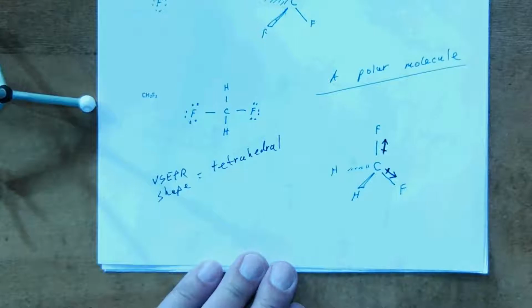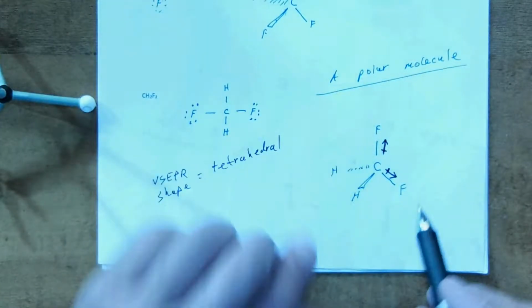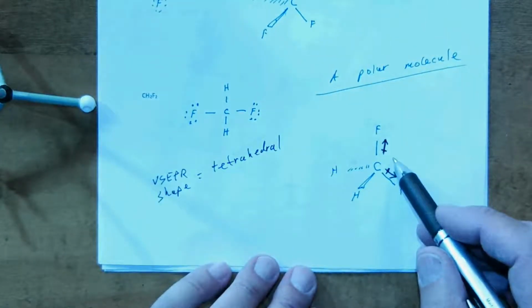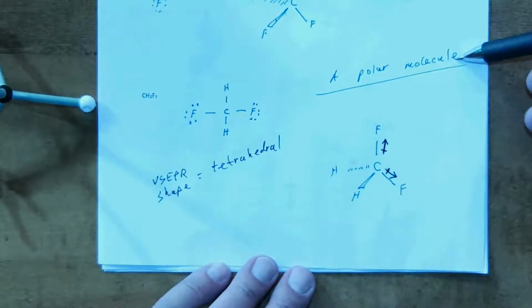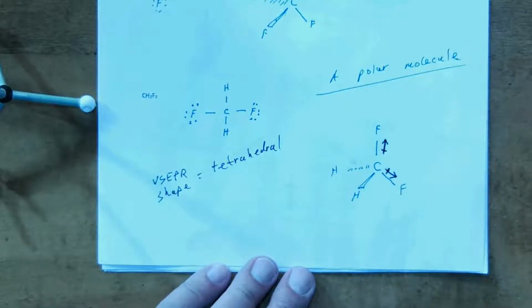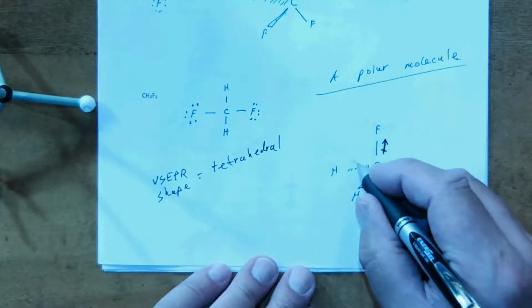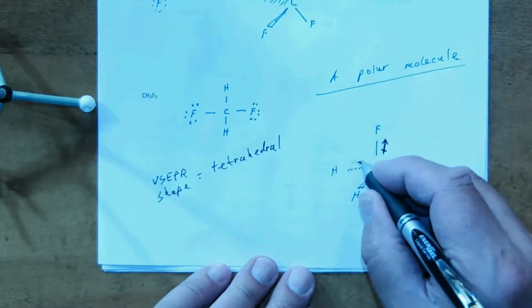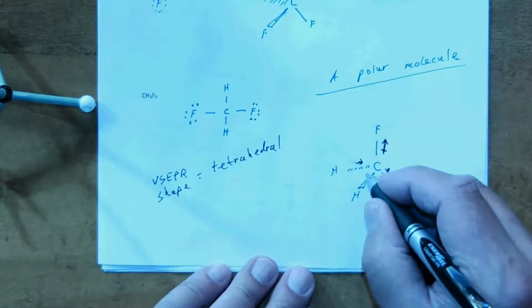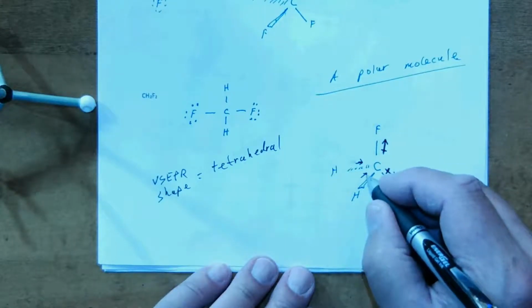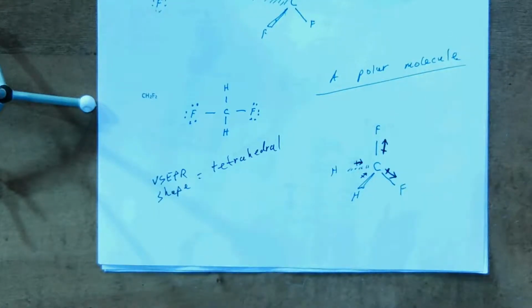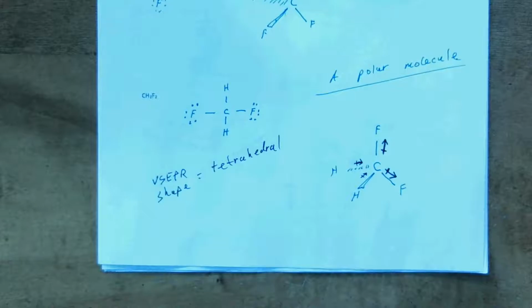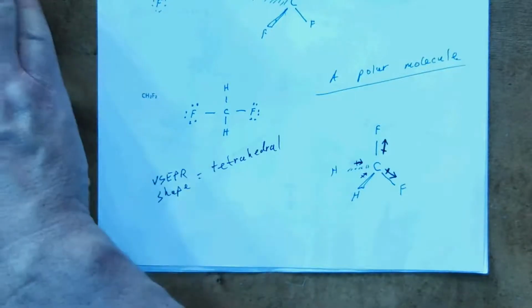The overall effect of these two things pulling is to pull the thing that way. So you'd say it is a polar molecule. And for what it's worth, each of these hydrogens will have a little push. They'll actually have a small dipole going towards the carbon.